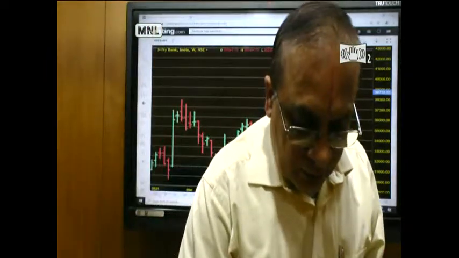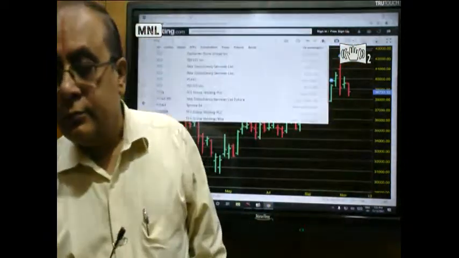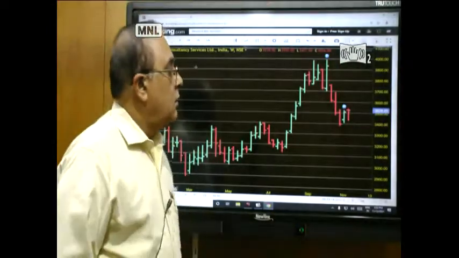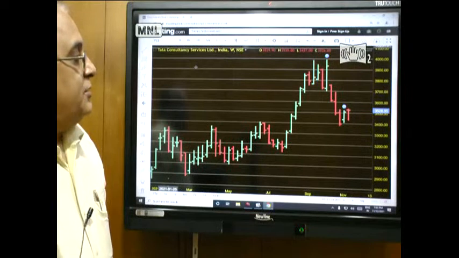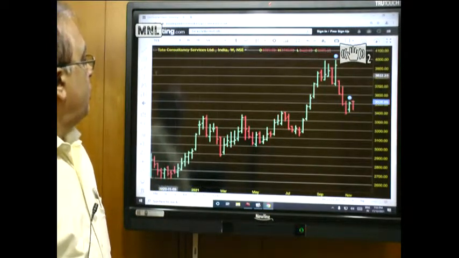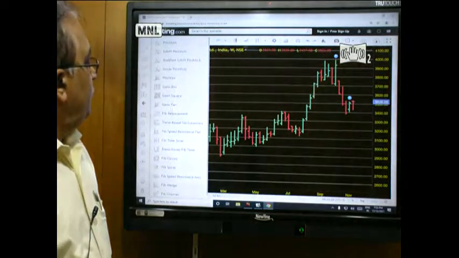TCS. So TCS, this is a weekly chart. So let's look at the weekly chart and see where all resistances will come.